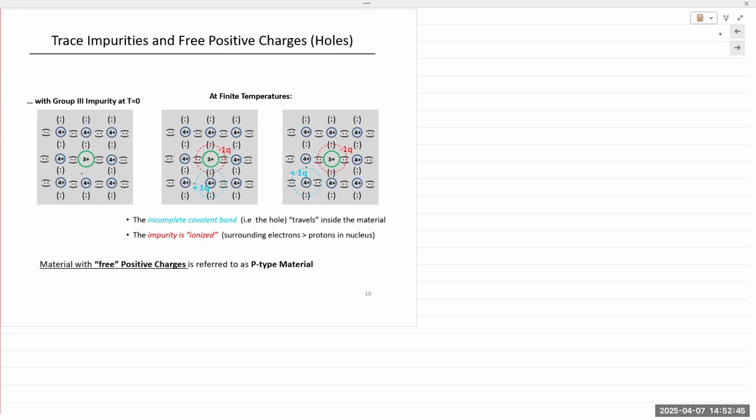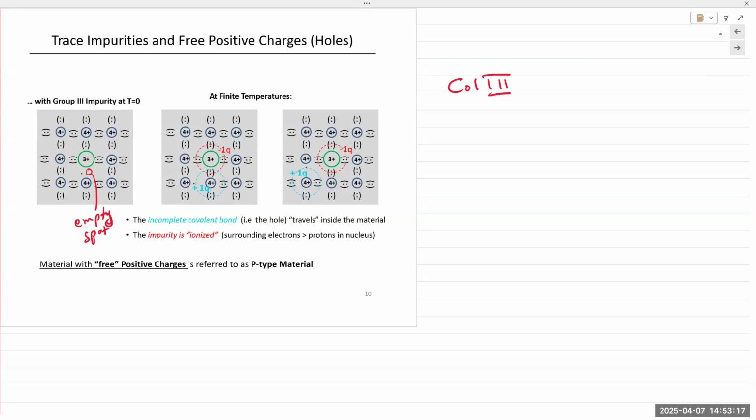It will leave an empty spot right there. And when it leaves an empty spot, an electron from somewhere else with another atom is free to jump into that empty spot. And when an electron jumps into that empty spot, again, that empty spot does not have any charge associated with it. So column 3 elements.